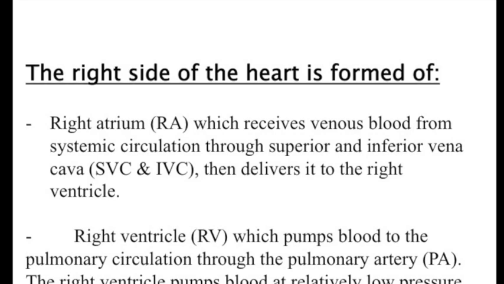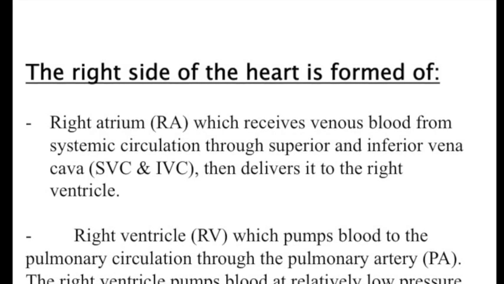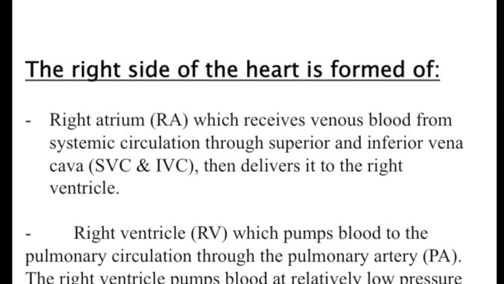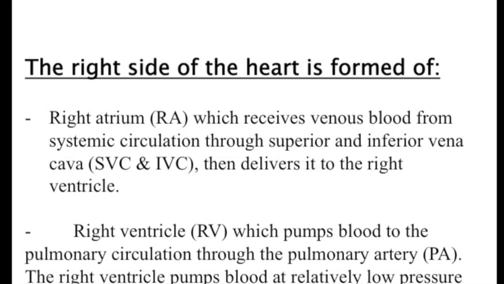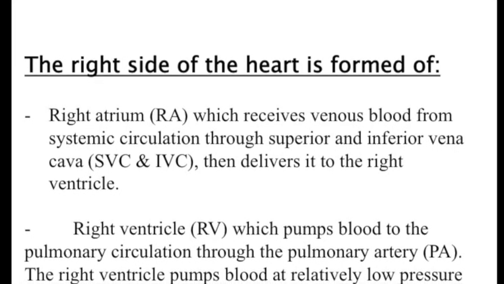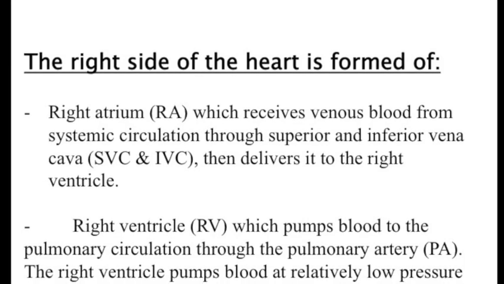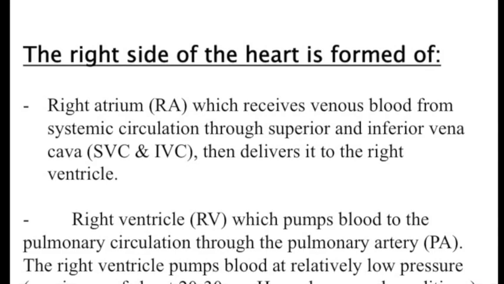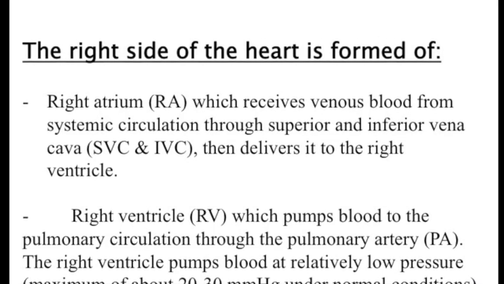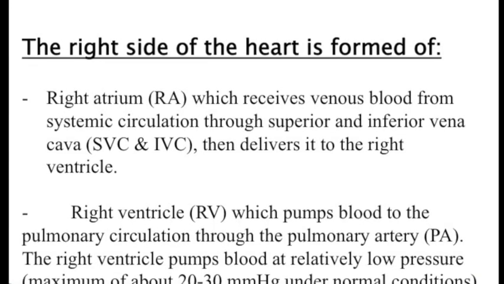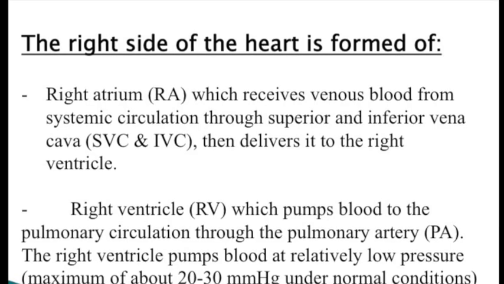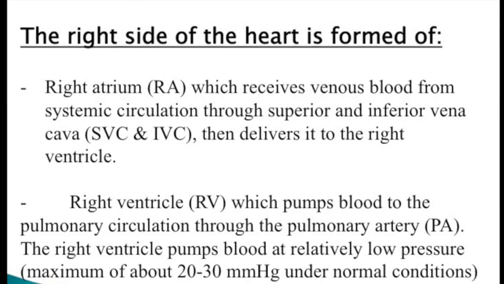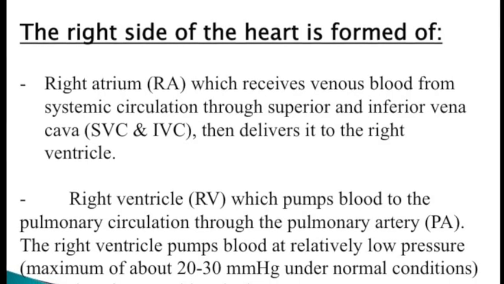From slide 8, we are going to take a look at the right side of the heart. It is formed of the right atrium, which receives venous blood from the systemic circulation through, as I told you, the superior and inferior vena cava. Then it delivers it to the right ventricle.